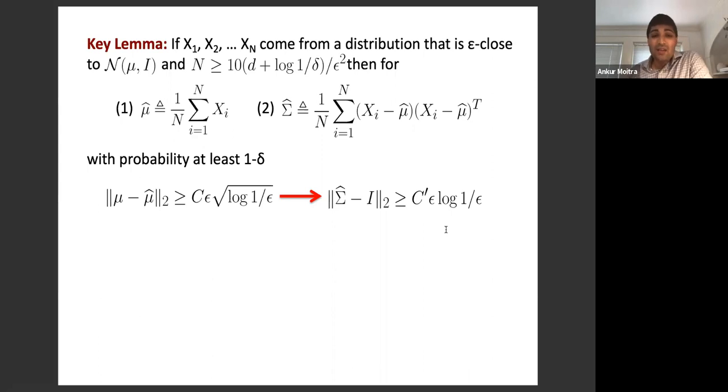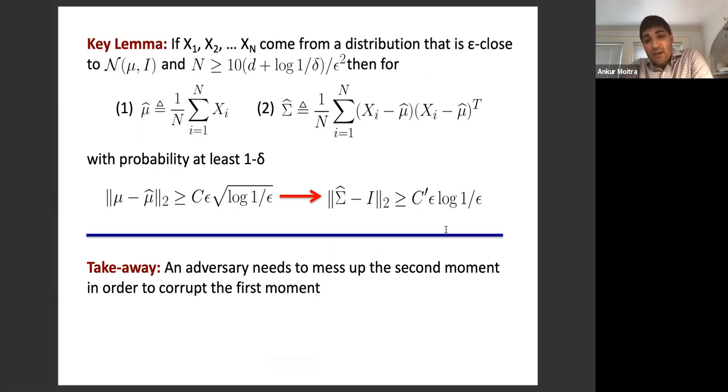And the key fact is that if the empirical mean is off, so if the Euclidean distance between mu and mu hat is too large, 100 times epsilon times root log 1 over epsilon, then that's actually going to mean that the covariance is off too. That if you look at the spectral norm of sigma hat minus the identity, that's going to be too large. It'll be at least C prime times epsilon log 1 over epsilon.